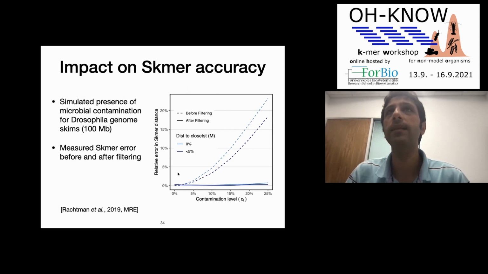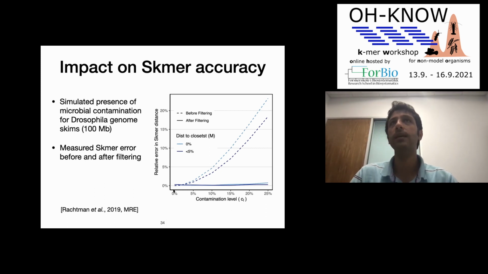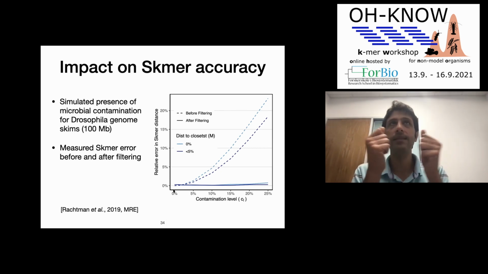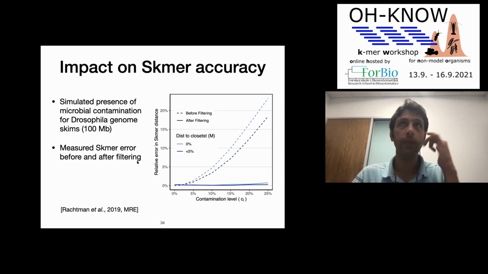Back to some data. These are genome skims where we spiked in some bacterial contaminant all the way to 25%. And we asked what's the impact on the distance that we estimate among Drosophila genome skims. How much error do we have? So these are skimmer distances.